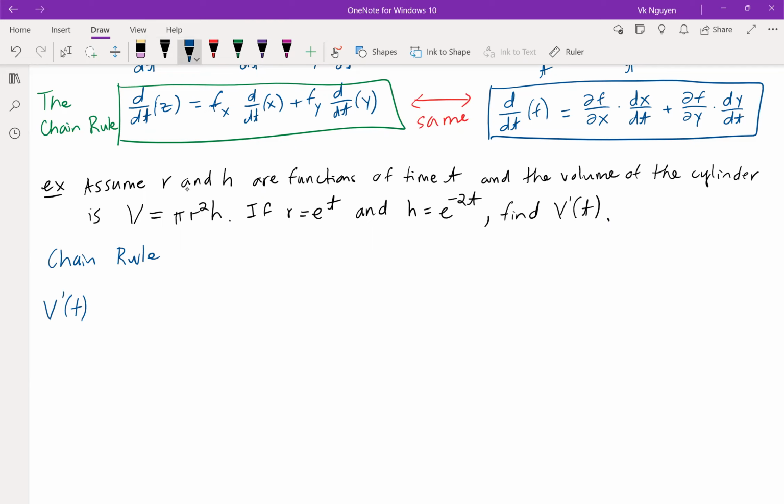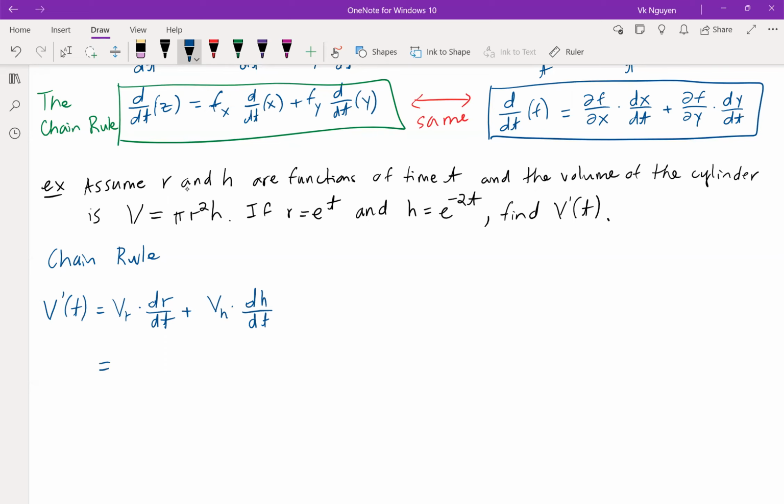V prime of t, according to the definition, is going to be V_r dr over dt plus V_h dh over dt. If you know differential, then this is going to come pretty fast.